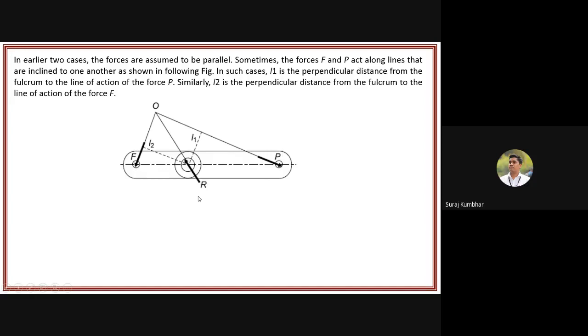Now in such a case, how to find out R? The following rules from statics should be applied to the reaction R at the fulcrum.